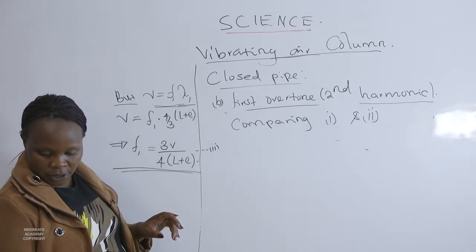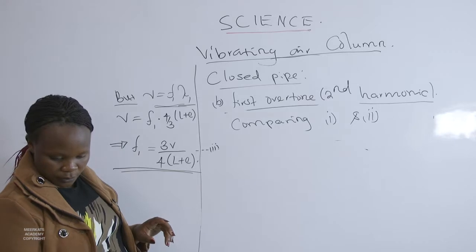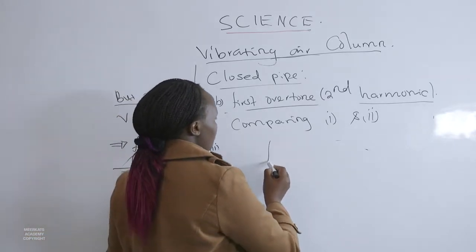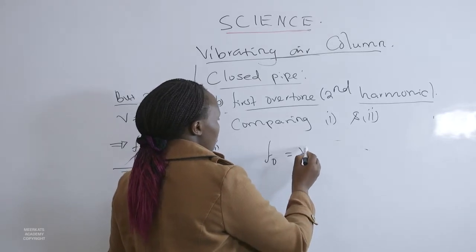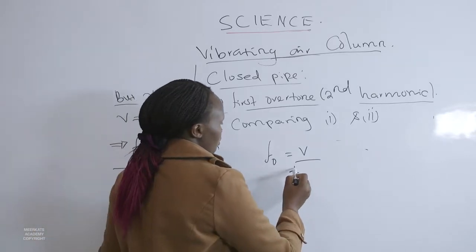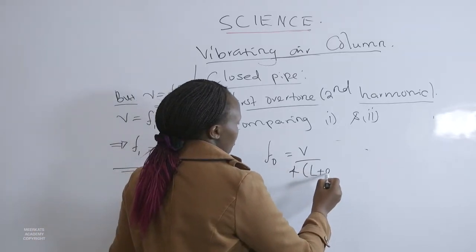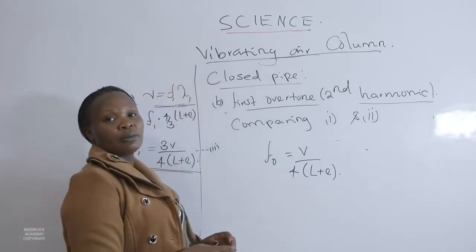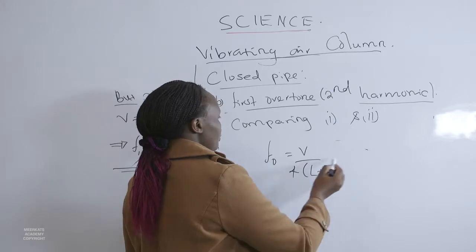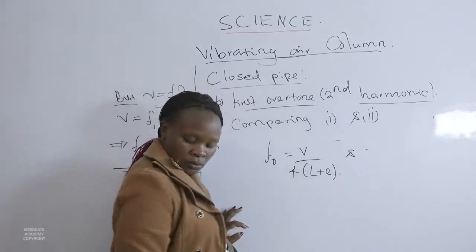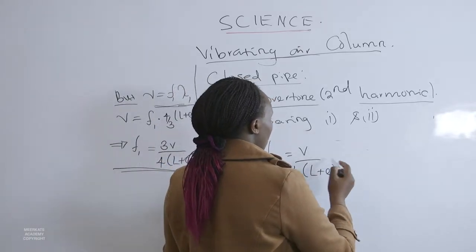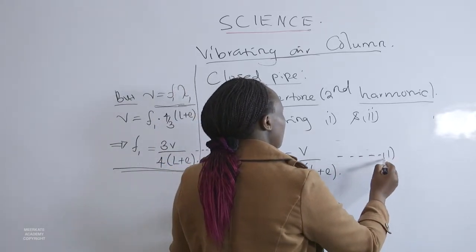The first harmonic was of the nature F0 equal to V over 4 into L plus E. That is what we labeled as equation 1.